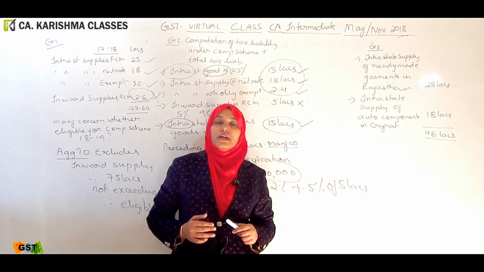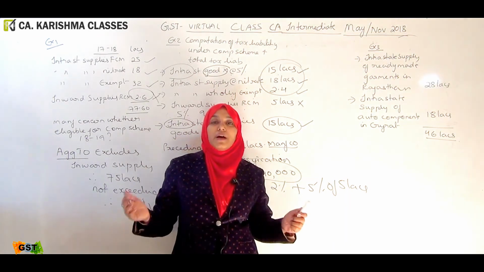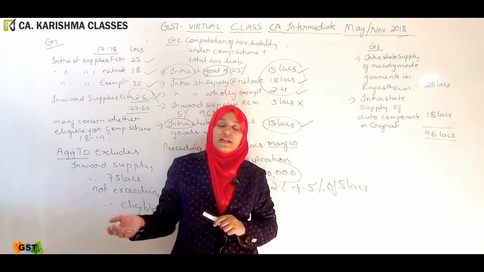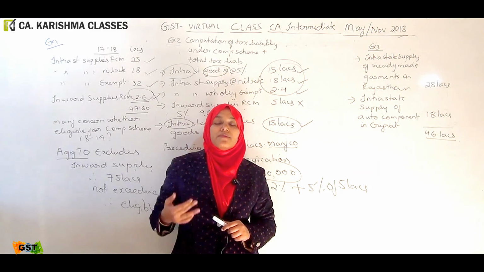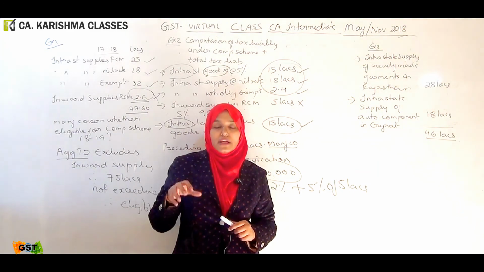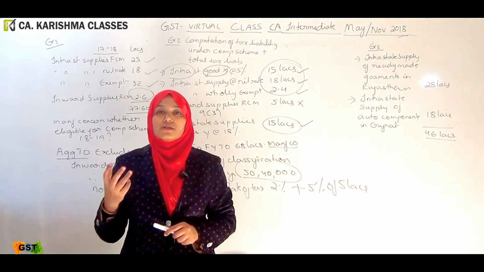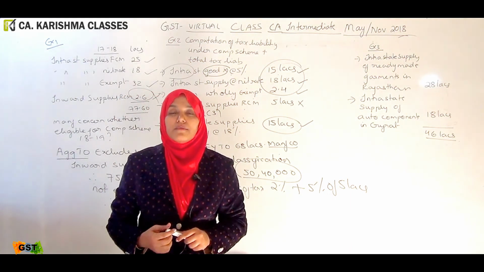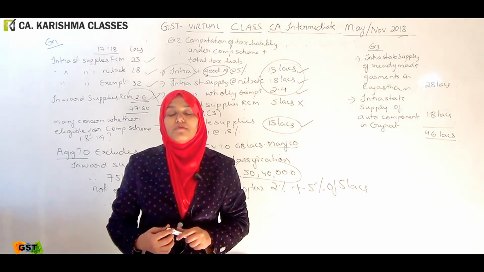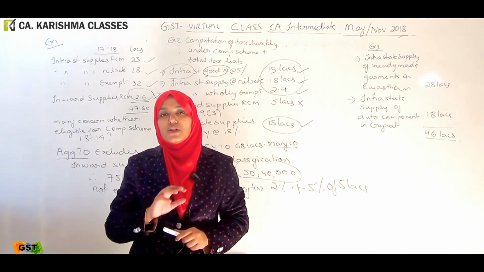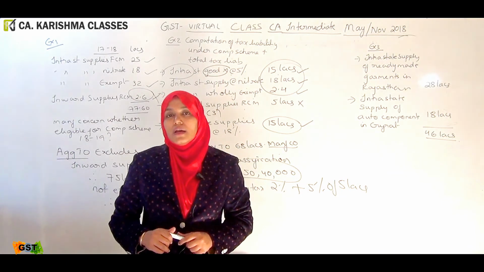But when you come to it, come in total, not in parts. Don't say in one state I will go with the composition scheme, another state I will go with the regular scheme. That is not possible. You have to come into the scheme in total. So all the registered persons across the country on a pan-India basis, having the same PAN, in that case this composition scheme will apply for all the units and not just for one unit.